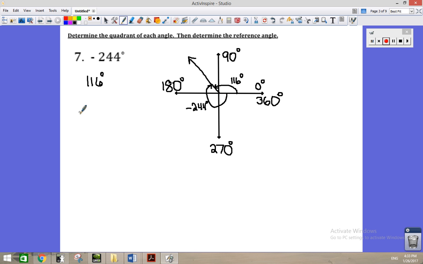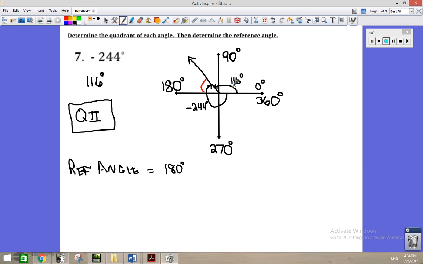If I'm in quadrant 2, and that's where the terminal side lies, then my reference angle, the angle that I'm going to make with the x-axis, is always 180 degrees minus this angle of 116, because 116 was coterminal to negative 244 and was between 0 and 360. I don't want to make a silly sign error.